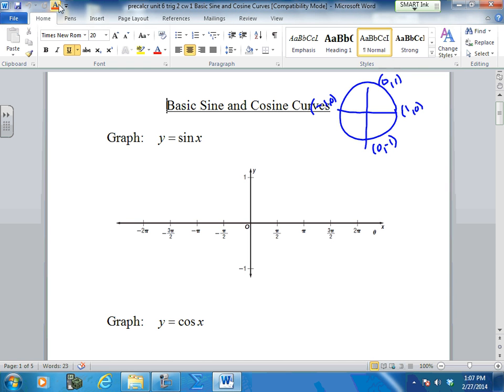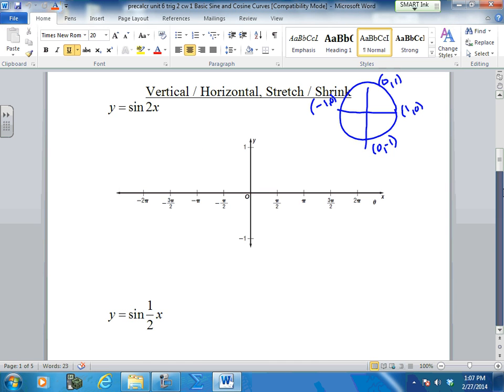On my string, I make a tick mark at 90 degrees, one at 180, one at 270, back here. I take this string and unravel it. I put it here where my origin is, and I roll it out like this. So my tick marks say 90, 180, 270, 360. I just unraveled my circle.